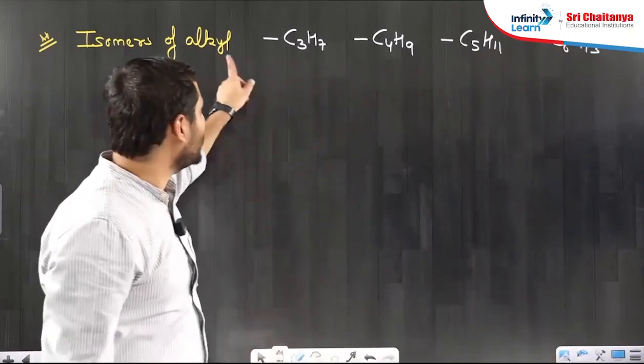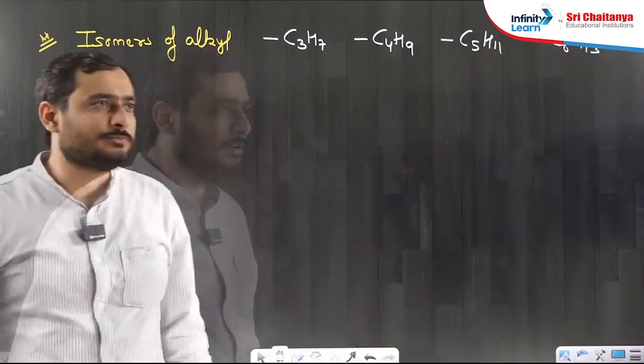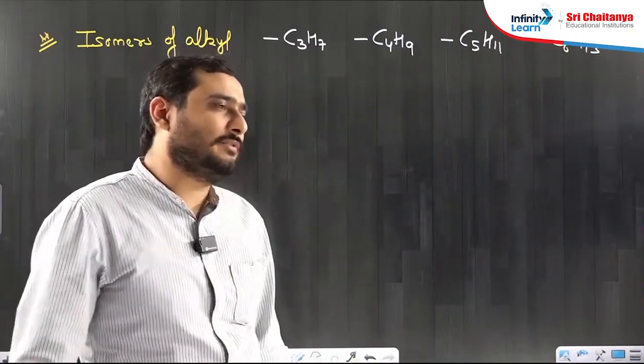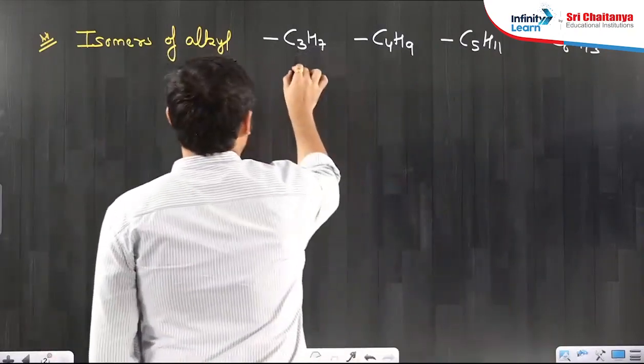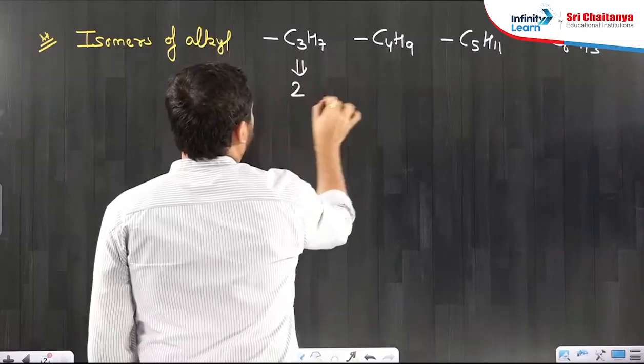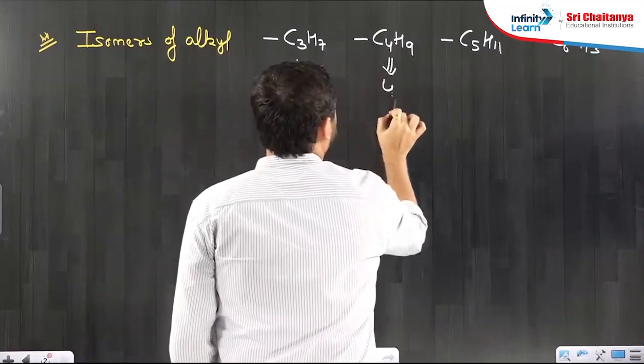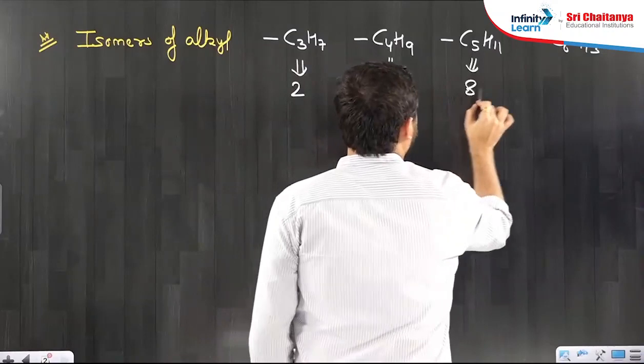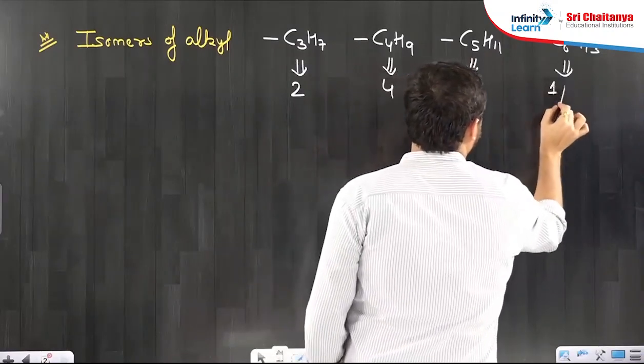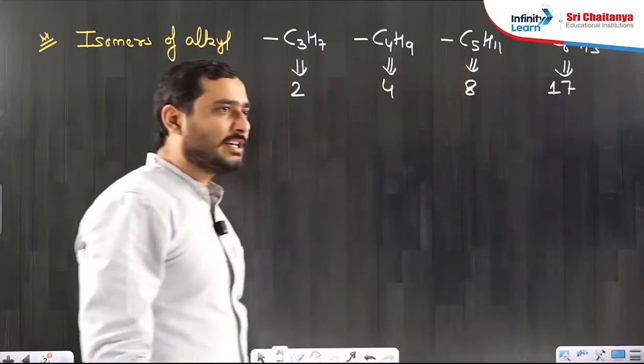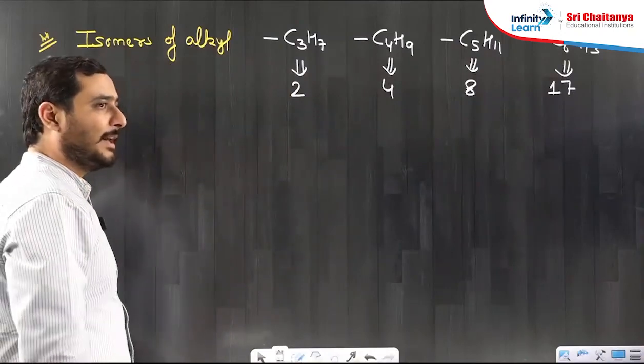What is the sequence for the isomers of these alkyl groups? 2, 4, 8, 17. Very good. So for 3 carbon atoms, how many isomers? 2. For 4 carbon atoms, 4. For 5 carbon atoms, 8. For 6 carbon atoms, 17. So these are the structural isomers of alkyl groups.